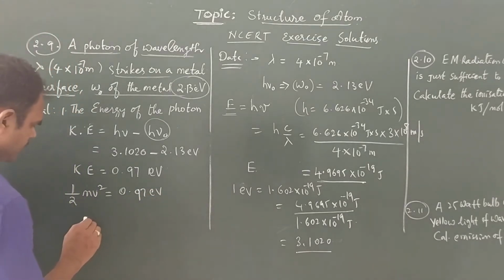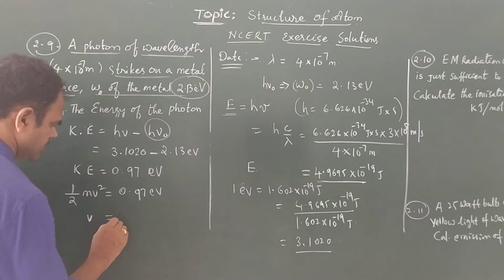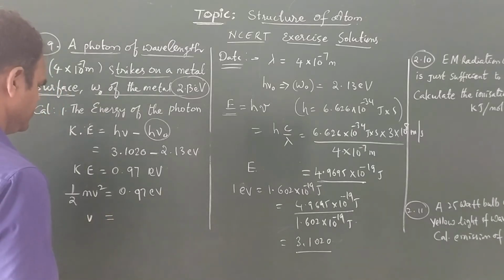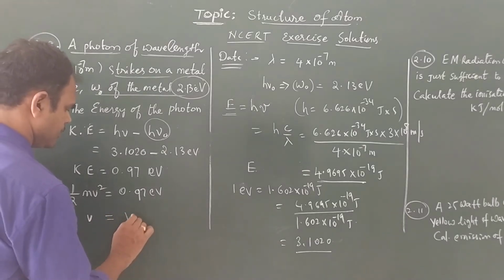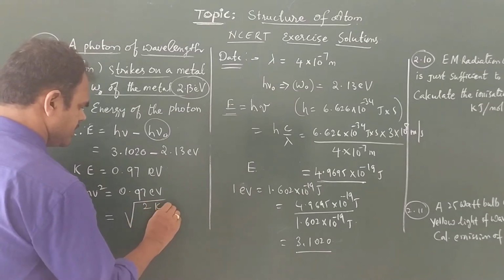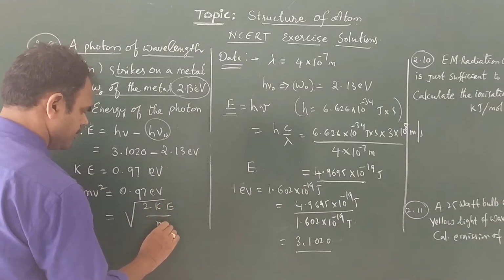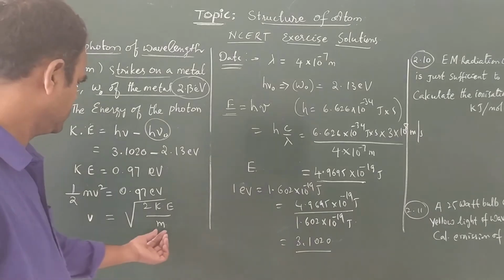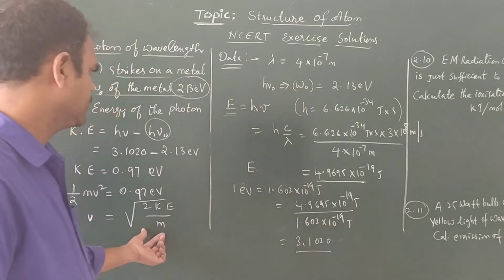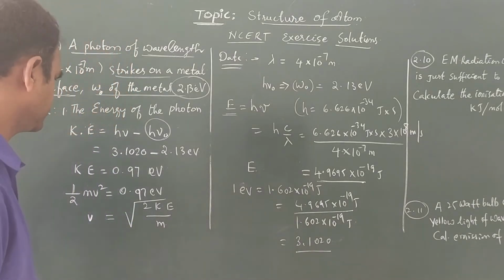Now if you want to find the velocity v from this equation, v is equal to the square root of 2KE upon m. What is m here? What value do we take for m in this question?